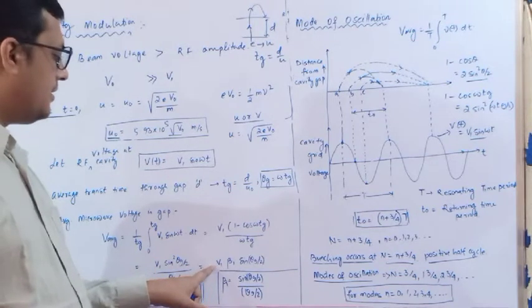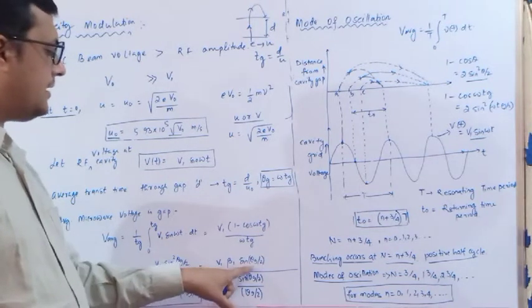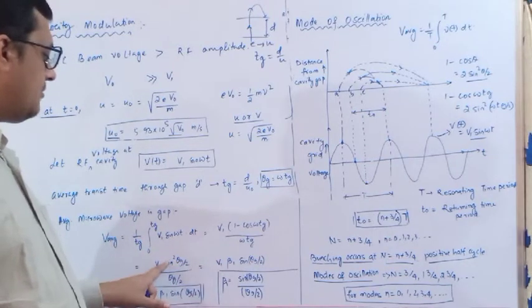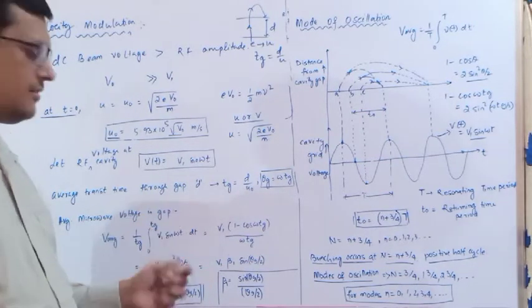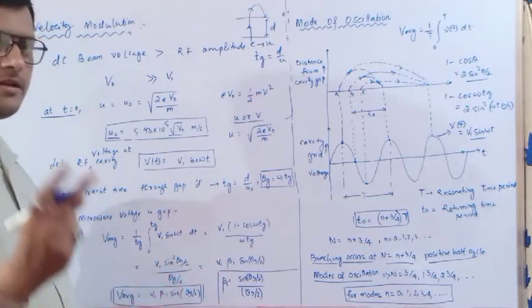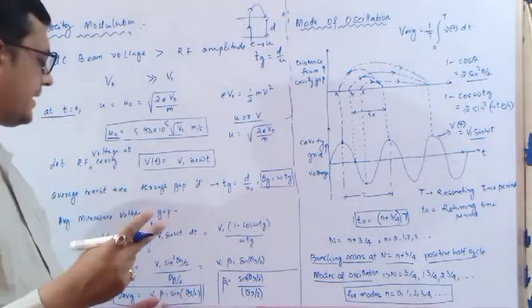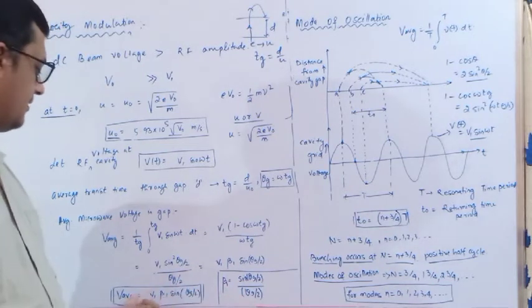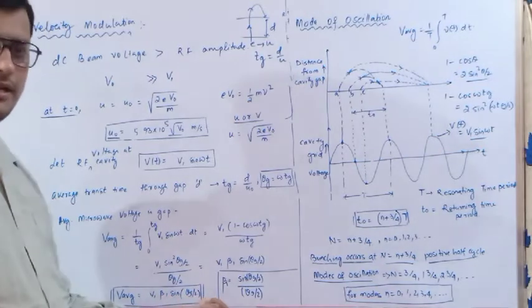I have written V1 beta 1 sin theta g by 2. So sin square means there are two sin terms, one sin divided by theta g by 2, that is beta 1, and V average will become V1 beta 1 sin theta g by 2.